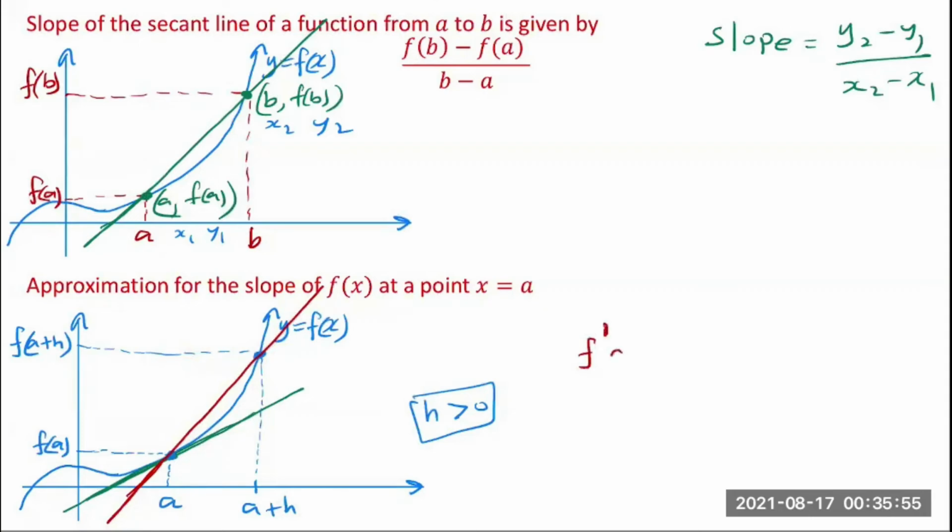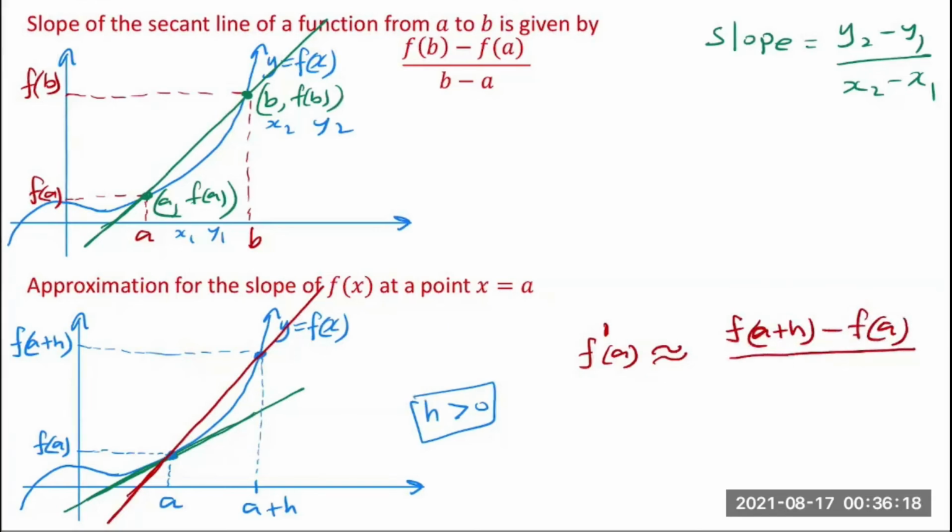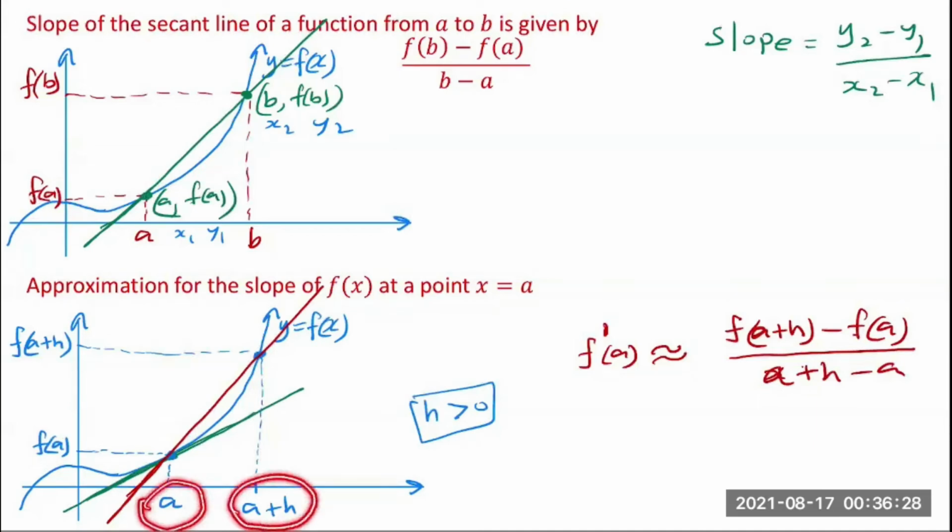f prime of A is approximately equal. This is the symbol for approximately equal. Is equal to f of A plus H minus f of A divided by A plus H minus A. Notice that you can view this as your point A, this as your point B, to get the slope of the secant line using this formula.